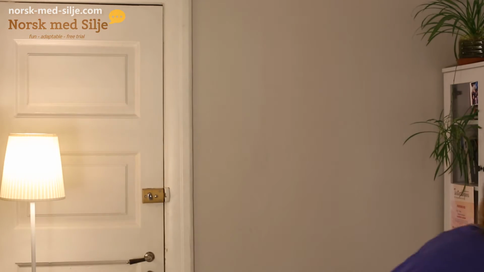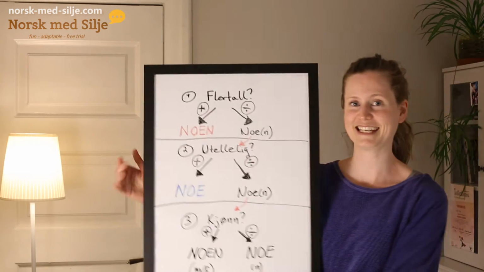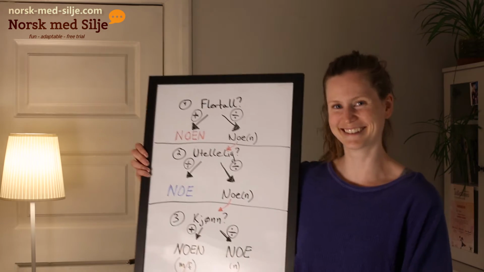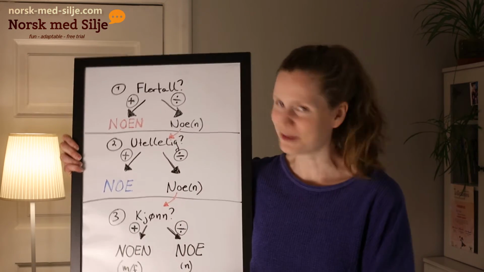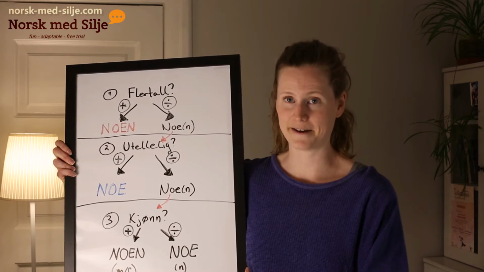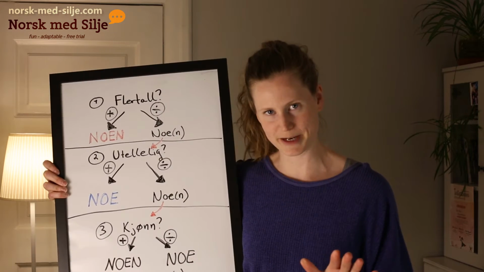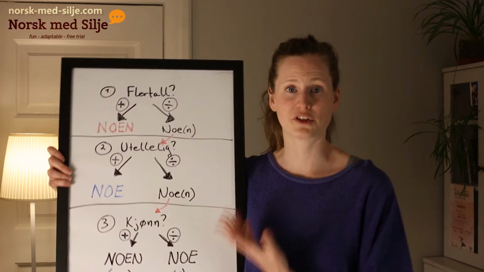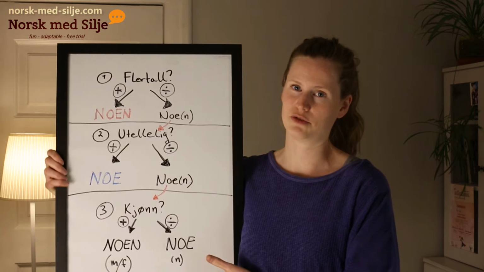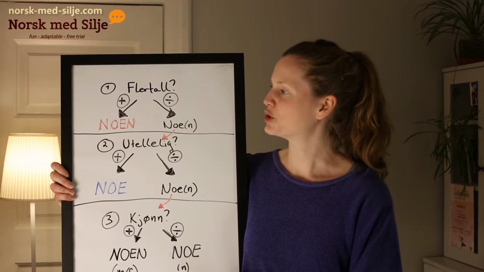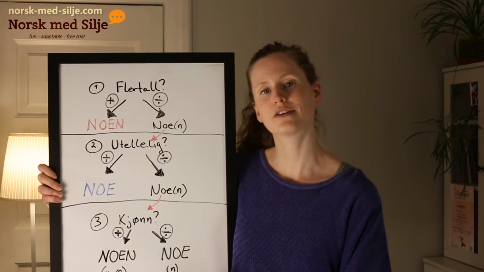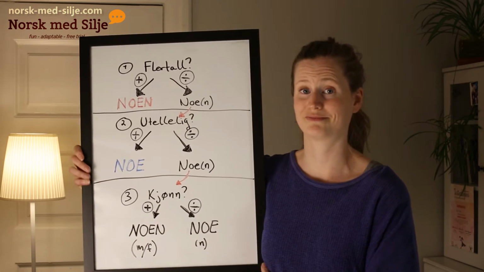So to make it easier for you, I have created the perfect formula. Wait for it. Ta-da! I'm gonna go through it with you step by step, don't worry. The first thing we're gonna do is figure out which one to choose, noe or noen.